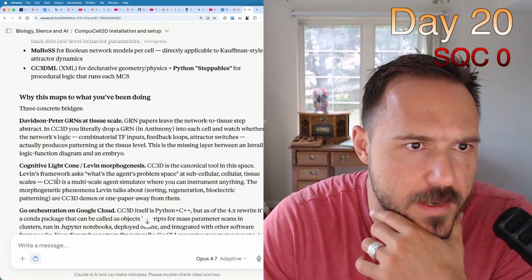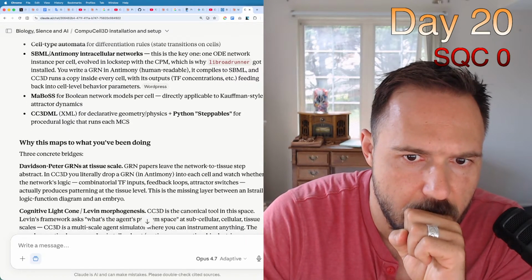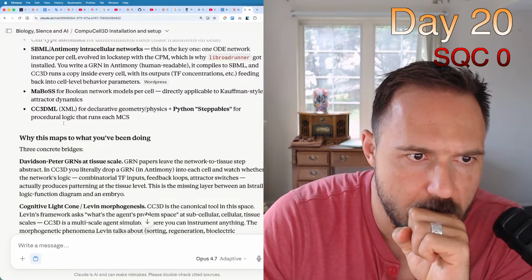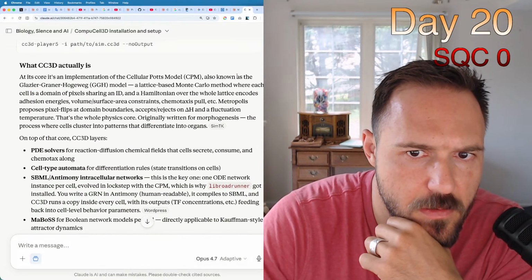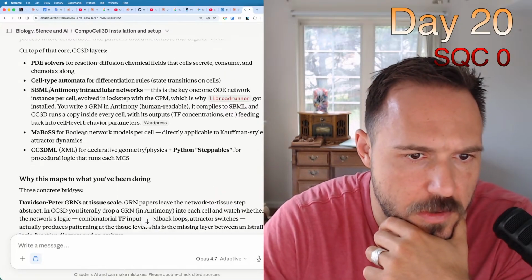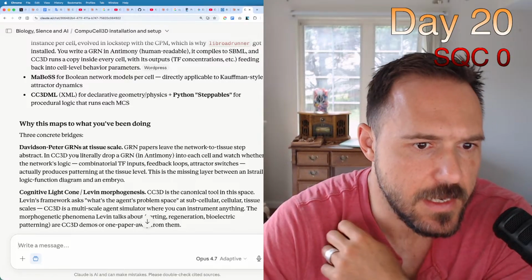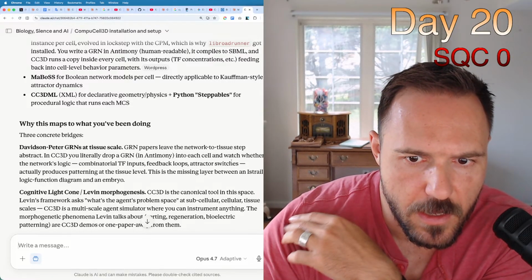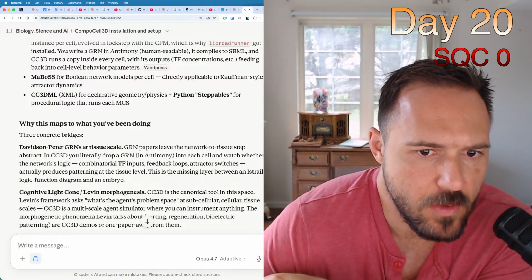I have many questions. Let's unpack them one by one. So number one, when you're saying in CC3D, you literally drop GRN into each cell and watch whether the network logic combination of TF inputs.